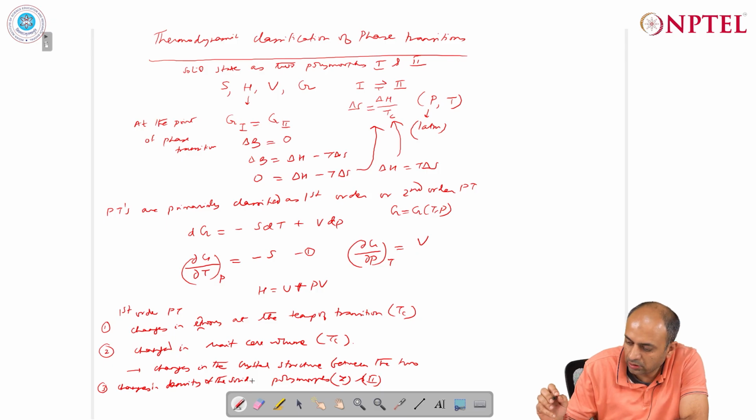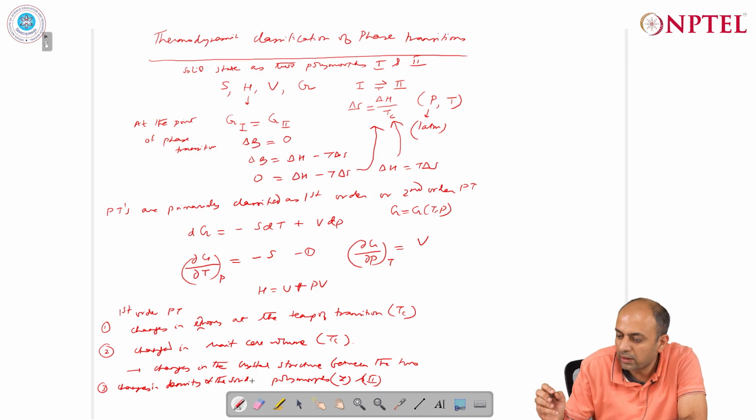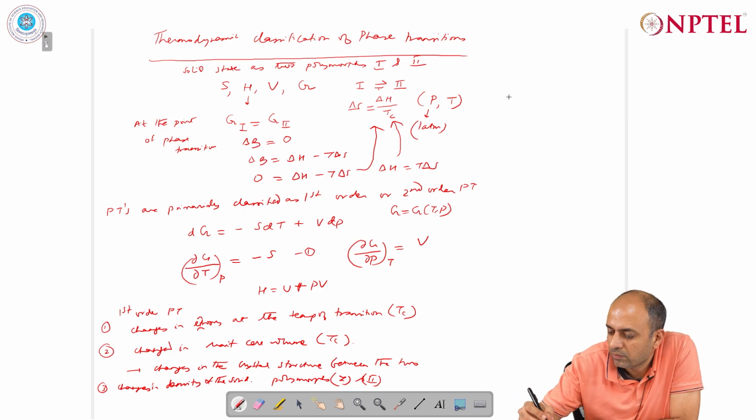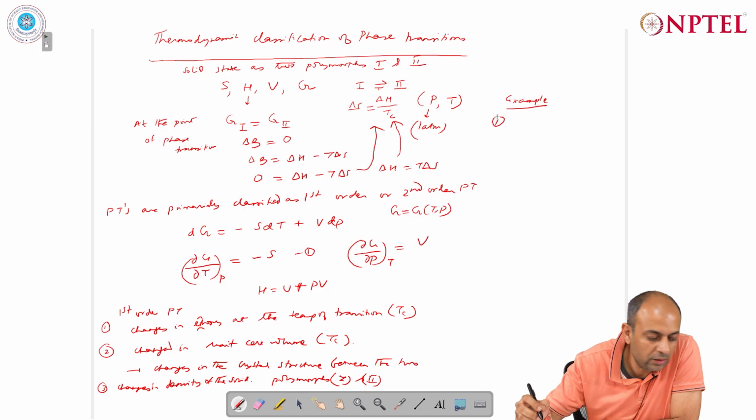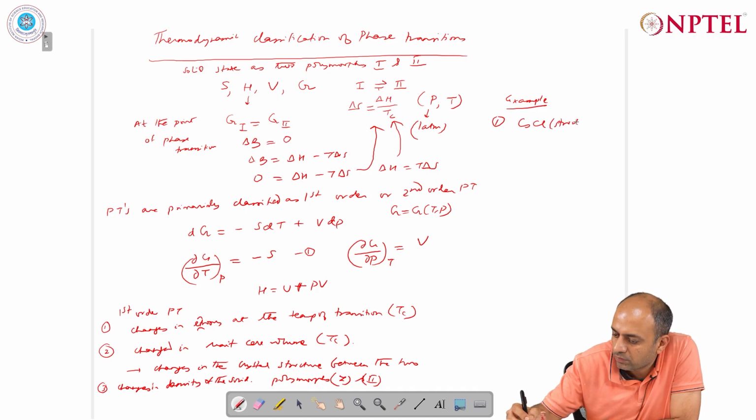Just to give you an example of a first order transition, we can look at the crystal structure of cesium chloride, which undergoes transformation to the rock salt structure.